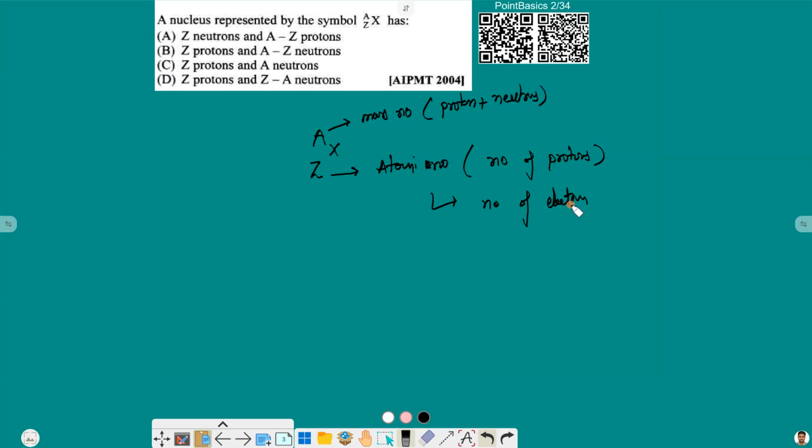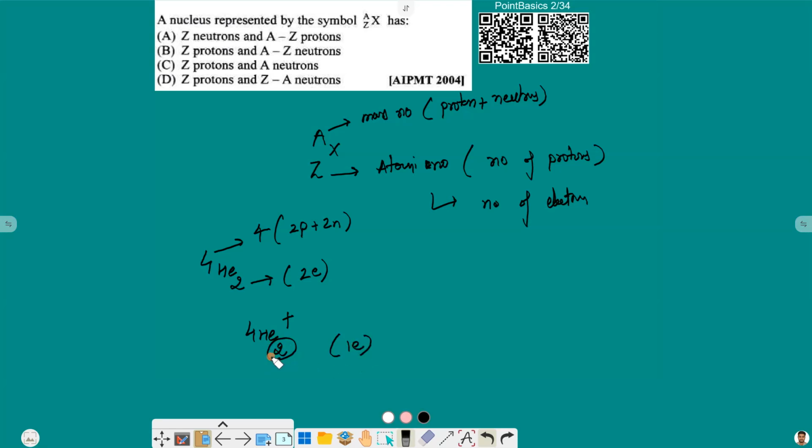Sometimes there may be some charged particle which has fewer electrons. For example, this is our helium atom. Its mass number is 4 because it has 2 protons and 2 neutrons, and its atomic number is 2 because it has 2 electrons. Now if I strip one of its electrons, then it will become 4He, 2 positive. Its atomic number is still 2, but it now has only 1 electron.